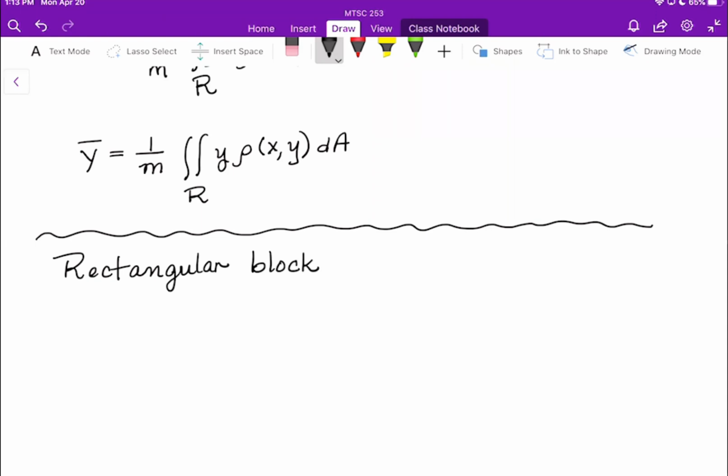Okay, so x is going to go between a and b, and y is going to go between c and d. And then z is going to go between p and q.